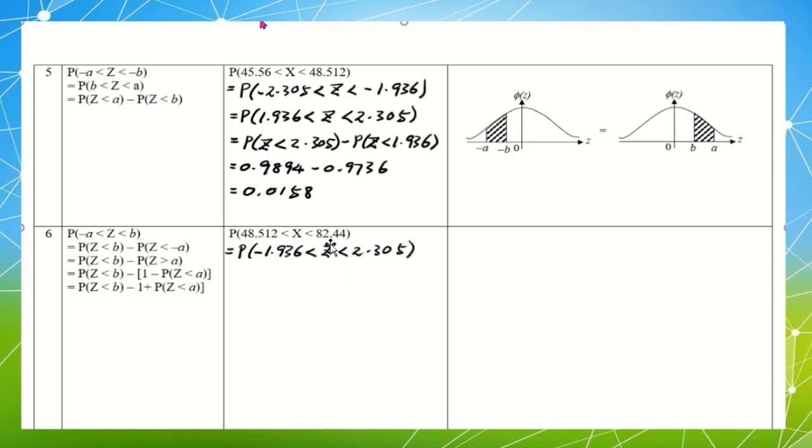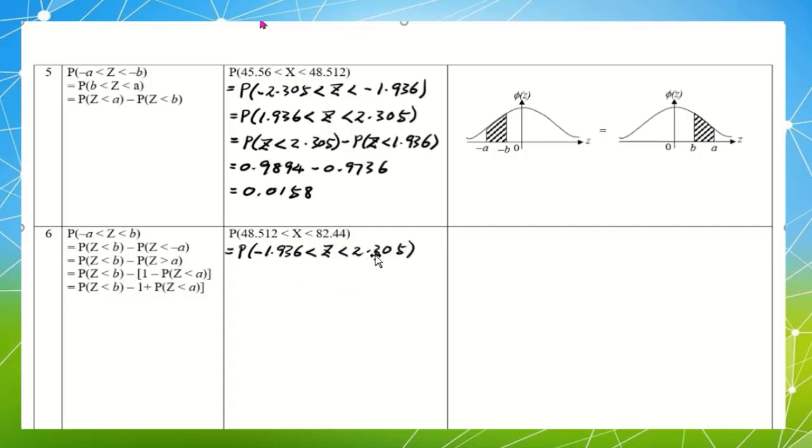Since there are two inequalities here, we need to separate. If one number is positive and one number is negative, we can directly separate by using the concept in example number 4.